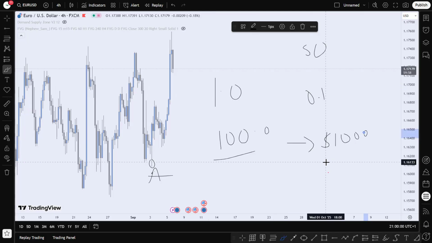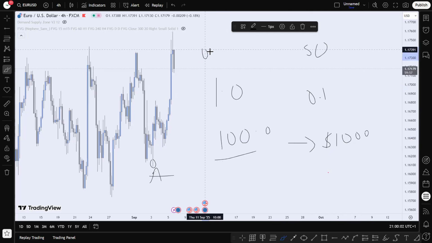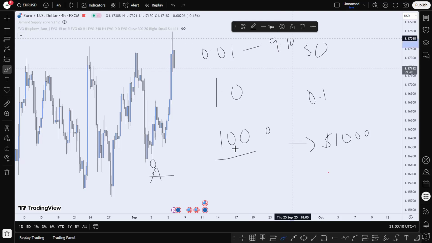So when you use 0.01 and you catch 91 pips, you make $9.10. Can anybody think of what the person that used 100.0 will make from the same 91 pips? Don't let it give you a headache.